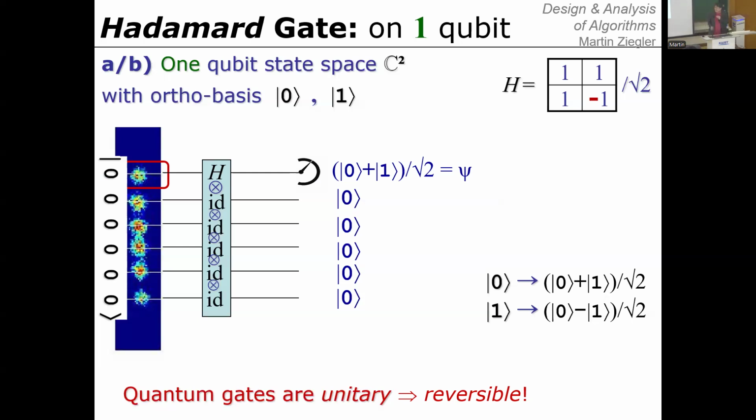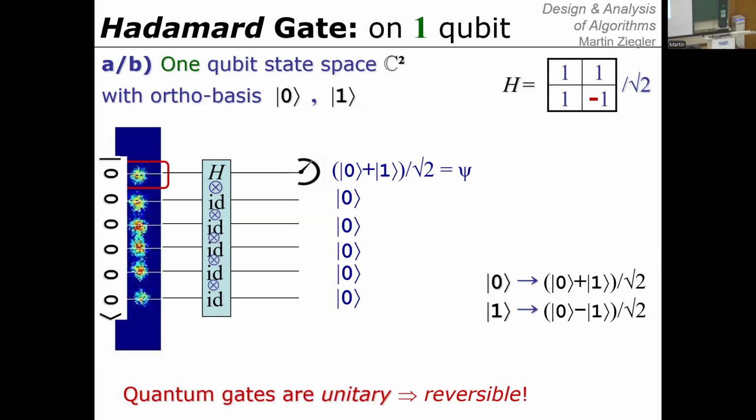But the axiom says what the probabilities are and what the possible outcomes are. Well, the first qubit is in state 0 with, I'm going to say, 50% probability, and in state 1 with 50% probability.